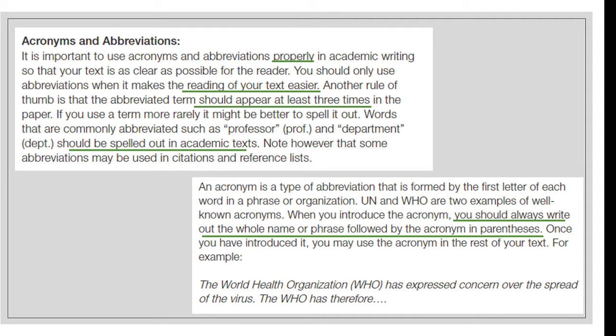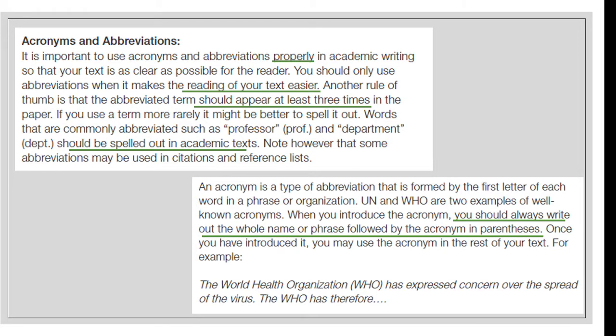Also, in academic writing, acronyms and abbreviations are given specific attention. It is important to use acronyms and abbreviations properly in academic writing so that your text is as clear as possible for the reader. You should only use abbreviations when it makes the reading of your text easier.